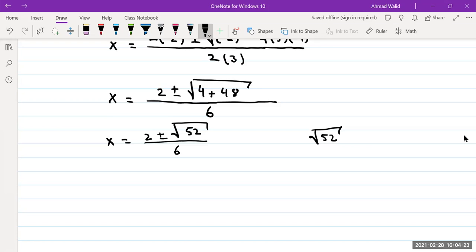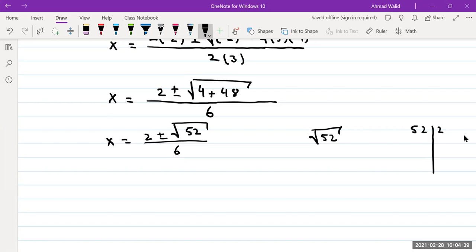To do that, you have to find which numbers can be multiplied to give you 52, and at least one of them should have a square root. Let's try. Do we have such a number?